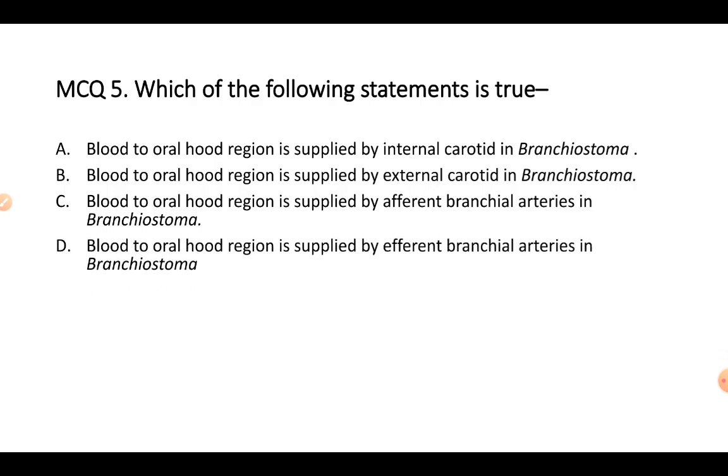The blood to the hyoid is supplied by efferent branchial arteries. Now, which is the right answer here? The blood to the hyoid is supplied by the internal carotid artery. So the answer is option A.